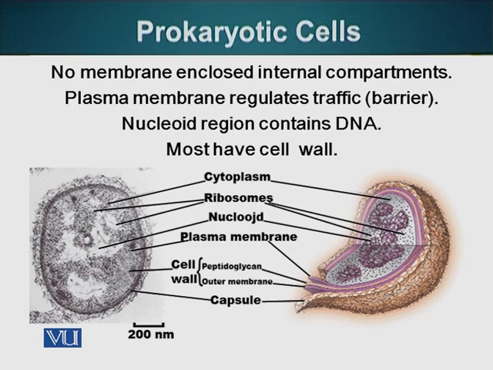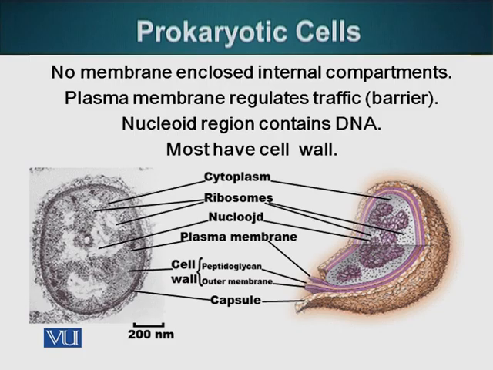The important feature of prokaryotic cells is that they do not have membrane enclosed organelles. We'll contrast it with what the membrane enclosed organelles are when we talk about the eukaryotic cell. We have seen some of them in the animation, but prokaryotic cells, the bacterial cells for example, do not have membrane enclosed organelles.